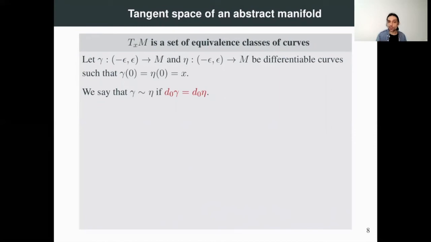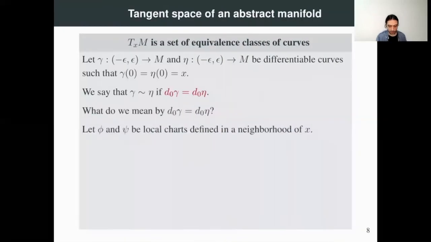We can try to use local charts in order to define it. Okay, let's go. So what do we mean by the differential of gamma and eta being the same at 0? Consider phi and psi local charts defined in the neighborhood of x.